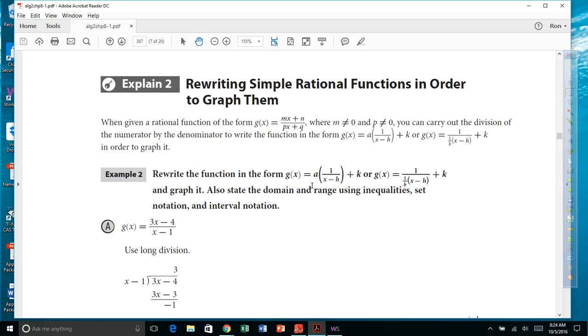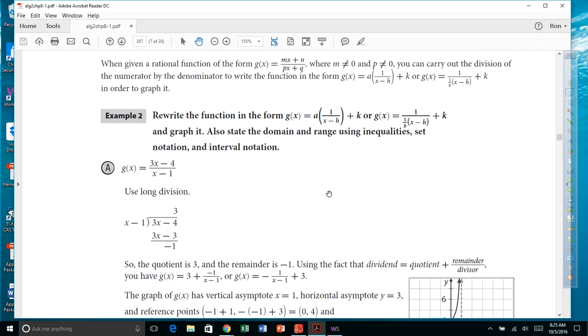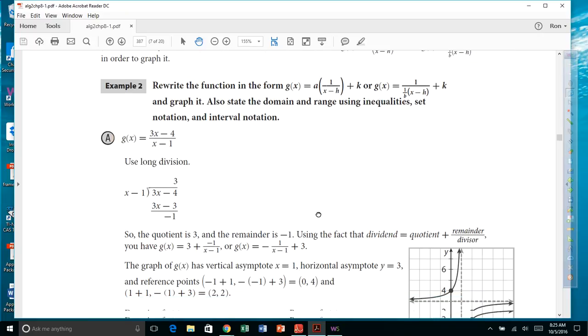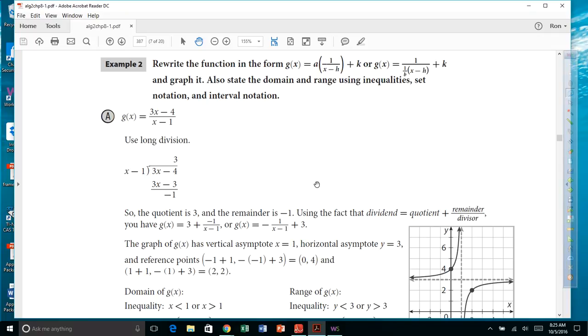When given a rational function in the form f of x equals mx plus n over px plus q, where m is not equal to 0 and p is not equal to 0, you can carry out the division of the numerator by the denominator to write the function in the form g of x equals a times 1 divided by x minus h plus k, or g of x equals 1 divided by 1 over b times x minus h plus k.